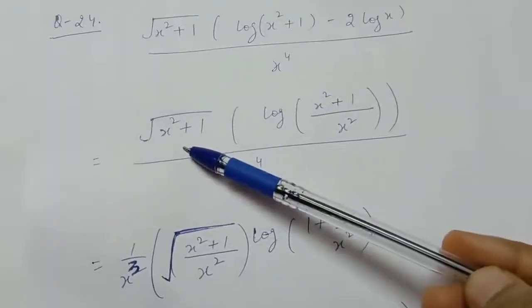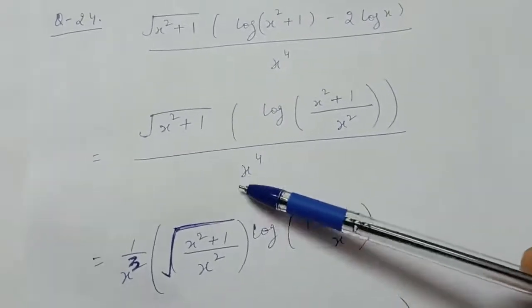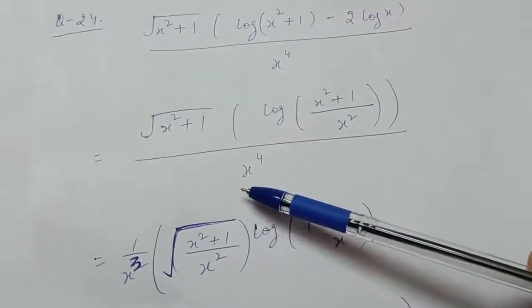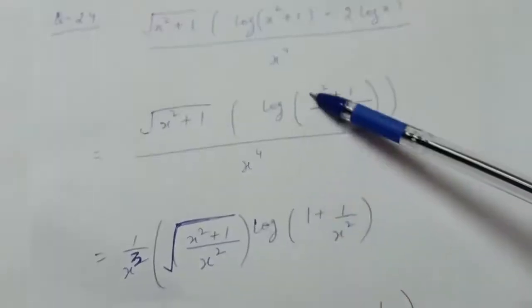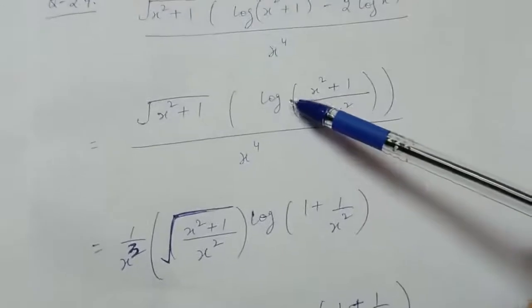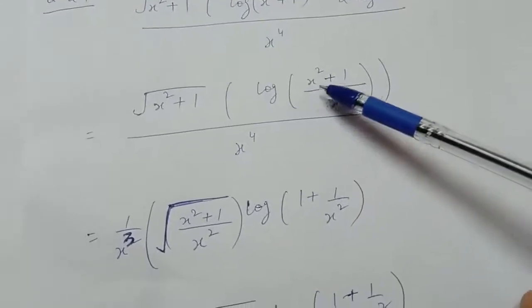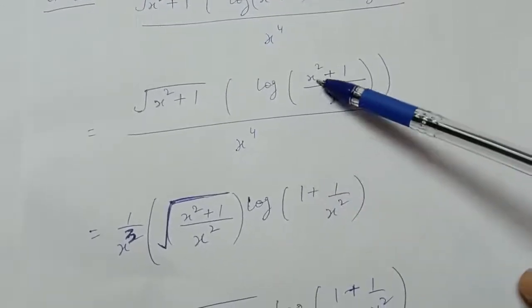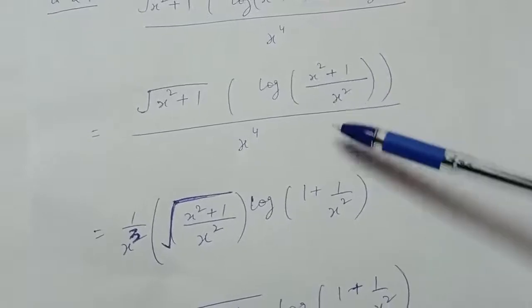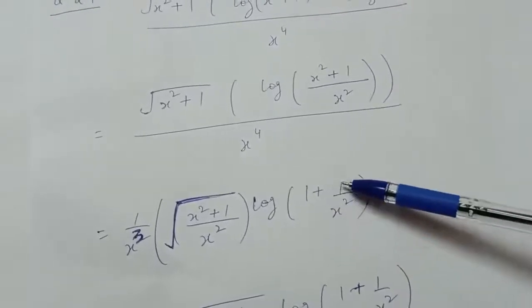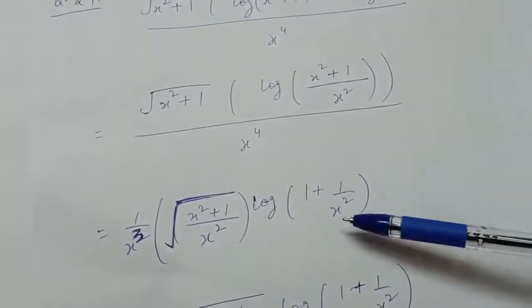This as it is, root x square plus 1 upon x raised to the power 4, right? Now this term log x square plus 1 upon x square can be written as, divide the numerator with x square, so you will get 1 plus 1 upon x square, right?